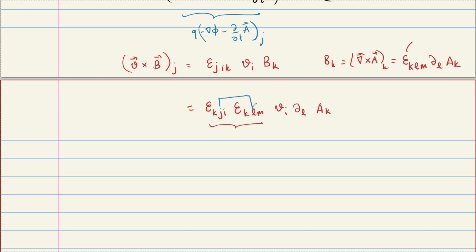So you either pair J with L and I with M, or J with M and I with L. So this is going to give you delta JL delta IM minus delta JM delta IL.